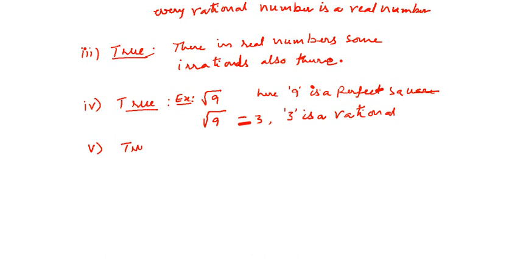This is also a true statement. You take one more example. If n is not a perfect square, so here you take root 8. Here what do you say about 8? 8 is not a perfect square.